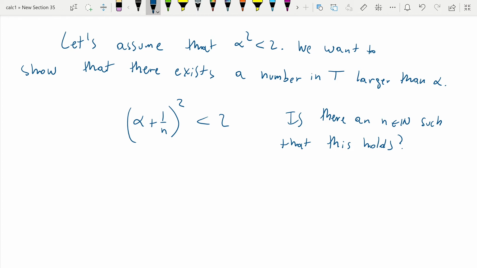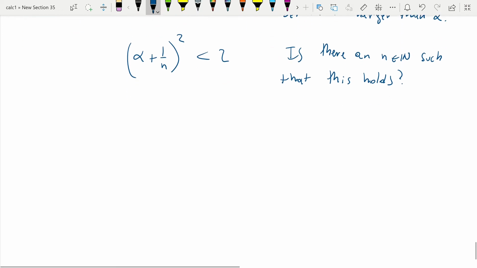And if you remember, I mentioned when we covered this in one of the lectures that the existence of such an n would follow from what? If you said the Archimedean property, you're right. Let's see how.